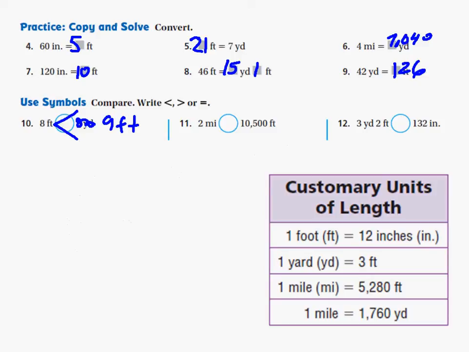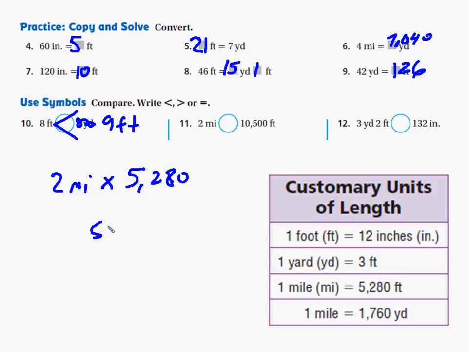Okay, now I have 2 miles equals 10,500 feet. So I'm going to change miles to feet. So 2 miles. Miles to feet, that would be big to small, so that's multiplying. And how many feet in a mile? 5,280 according to this chart.